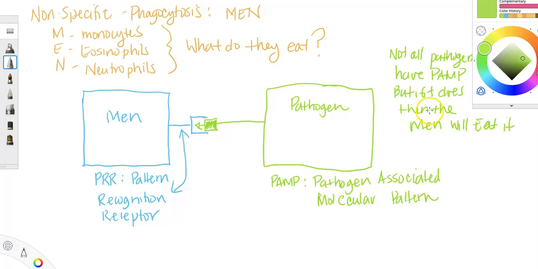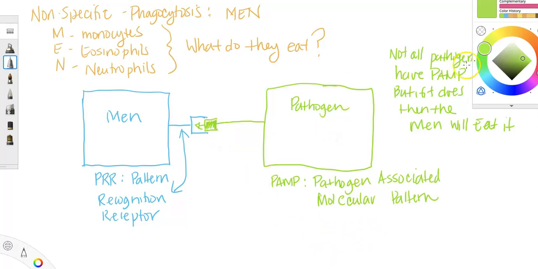So that's general, it's non-specific. Okay. I mean, it's specific in the sense of, oh, it has to have this PAMP thing on it, but it's general in that a lot, if not a majority, of pathogens just have this thing on it. Okay.